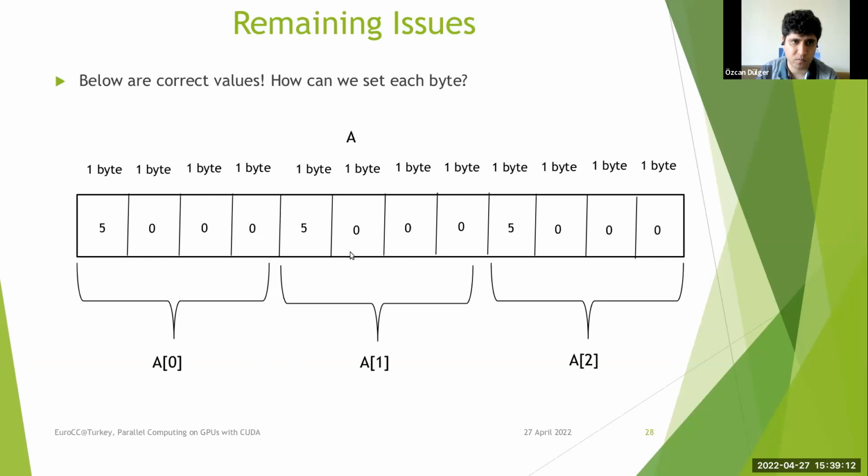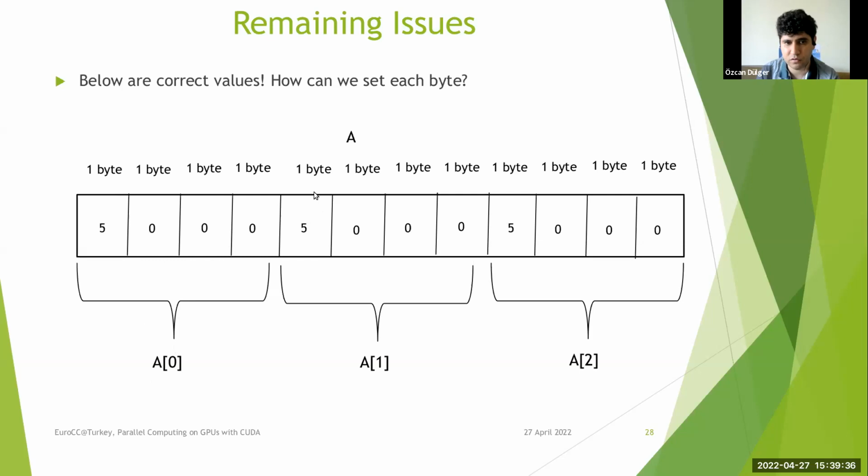So in order to get the correct output, the memory should be set like this. In order to set any element to 5, the first byte should be 5 and the remaining 3 bytes should be 0.